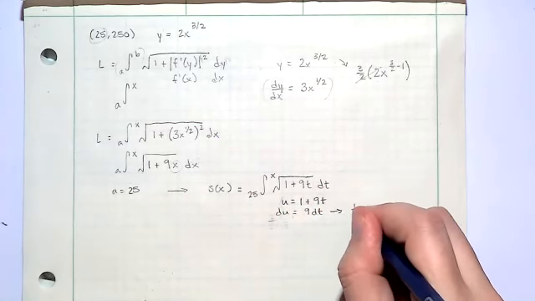So if we keep that moving forward, then we'll have 2/27 times (1 plus 9x) to the 3/2 minus 2/27 times (1 plus 9 times 25) to the 3/2. And so once you simplify this numeric portion on the right, this will give you your arc length in terms of a function. Does that make sense?